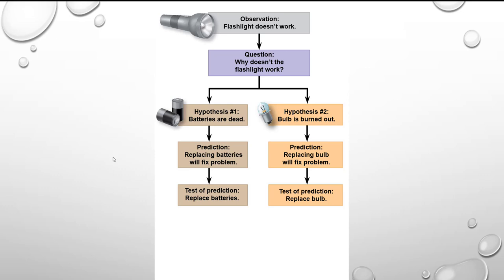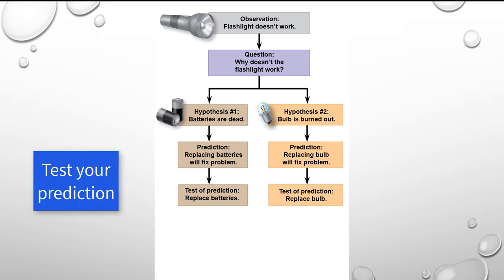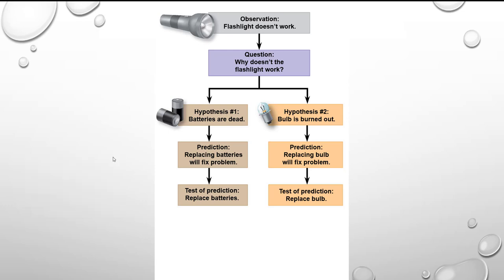After you predict, you perform the experiment. For the batteries, I replace the batteries and flip the switch, and if it works, then my hypothesis is correct, or I accept it. If it doesn't work, then it's something else. If I replace the bulb and it works, then I support my hypothesis.